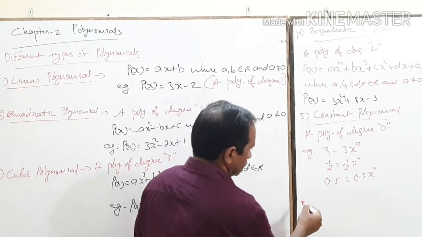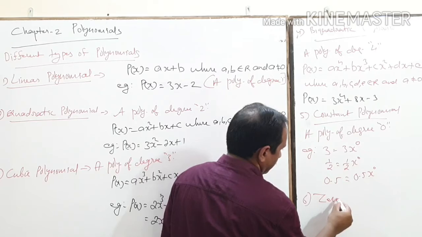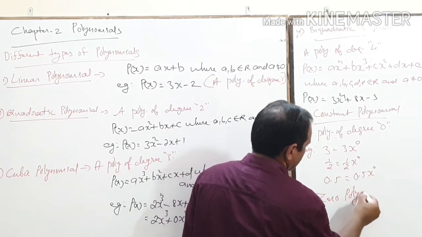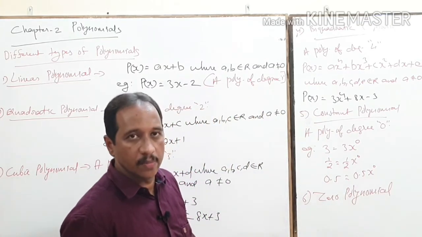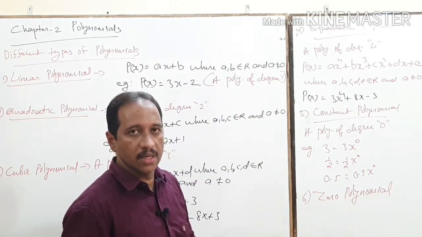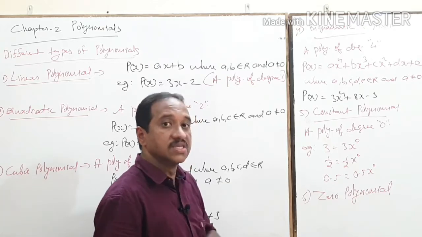The next one is zero polynomial. What is zero polynomial?